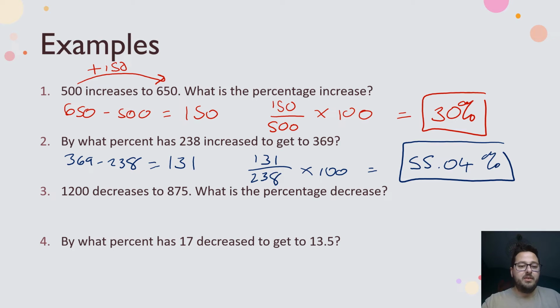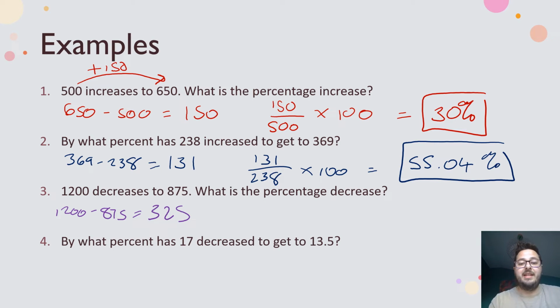Alright, next one then. This one says 1,200 decreases to 875. What is the percentage decrease? Let's find the difference. We always do the biggest take away the smallest. So 1,200 take away 875, and again I'll use my calculator, is 325.